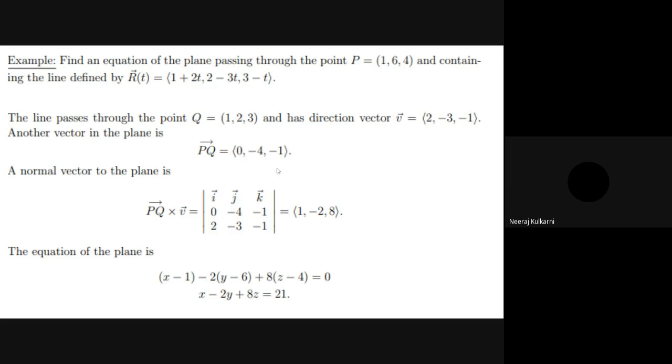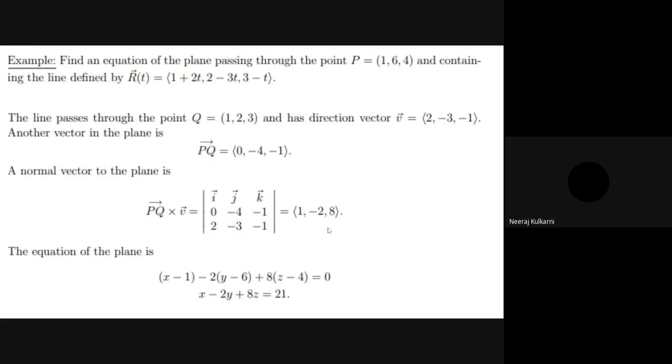To find the normal vector, we can take the cross product of the direction vector of the line and the vector which lies on the plane. It will give us the normal vector of the plane.